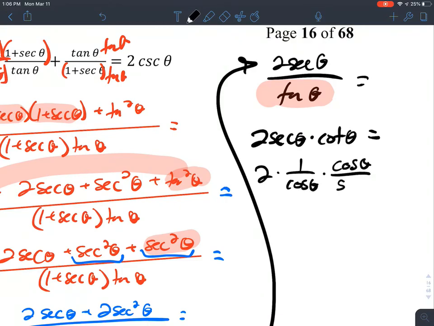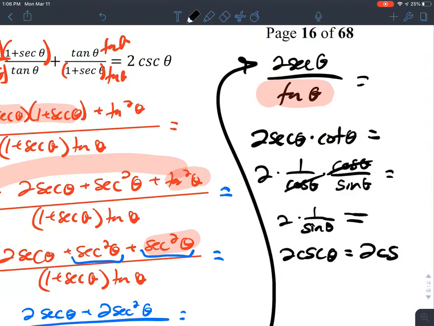Cotangent is cosine of theta over sine of theta. Cosines cancel. So now we got 2 times 1 over sine. 1 over sine is the same as cosecant. And that's what the right side was all along. So we have proven that that's an identity.